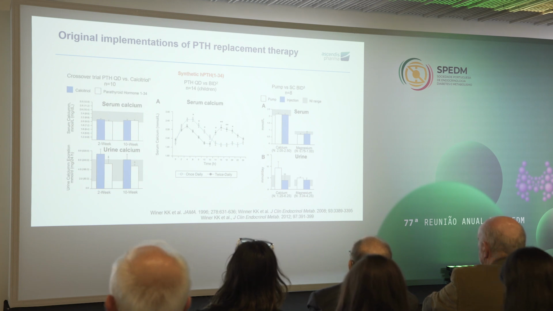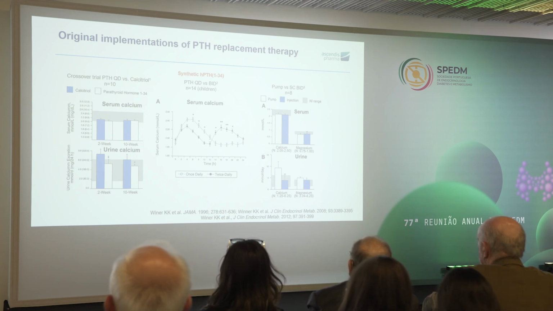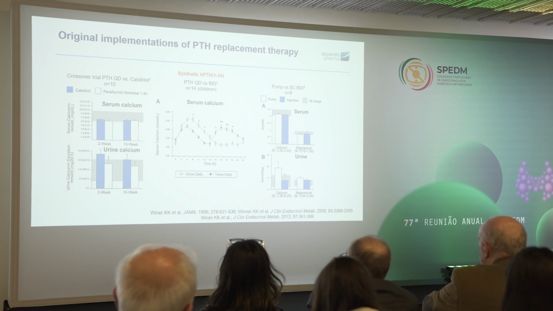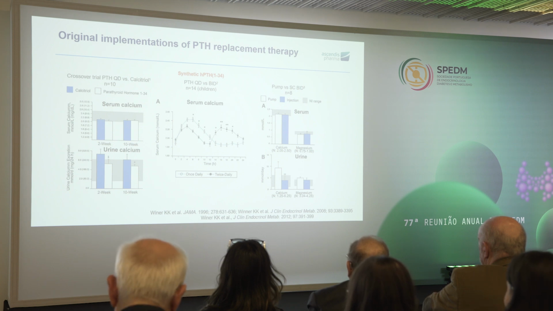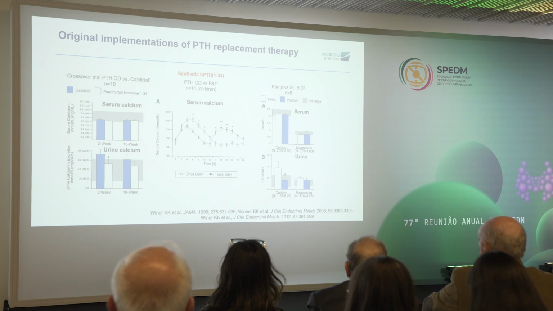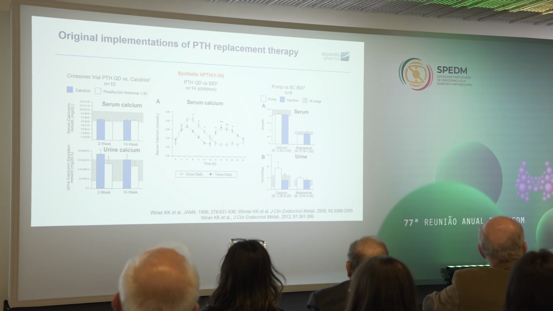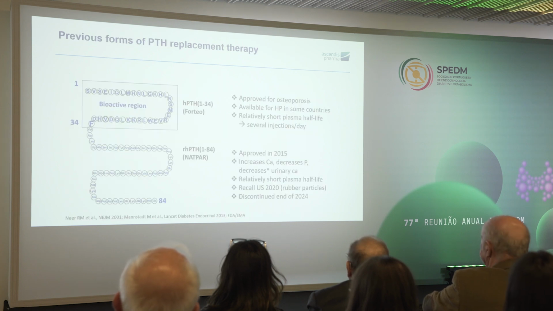And even when they went further and used teriparatide as a pump, and compared this to the twice daily regimen, they could see that eucalcemia was much more possible with the pump therapy, and also hypercalciuria was much less with the pump therapy.